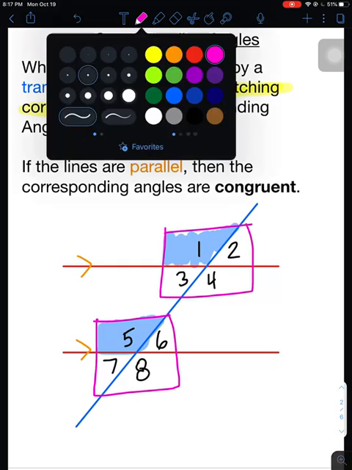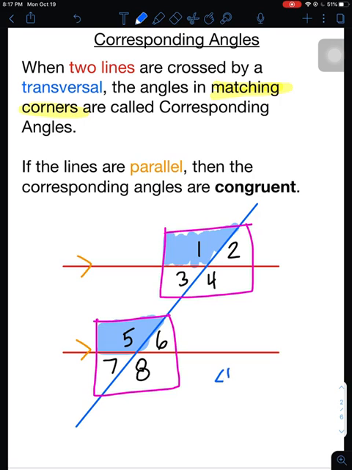So that means that angle 1 and angle 5 are corresponding because they're in the matching corners. Let's look at another example.